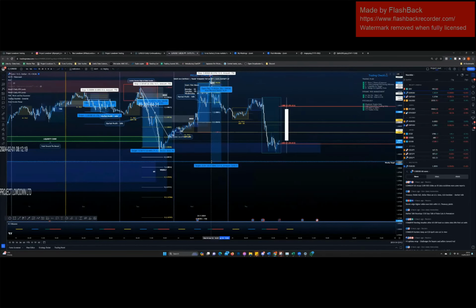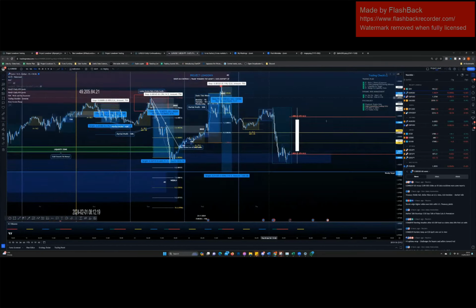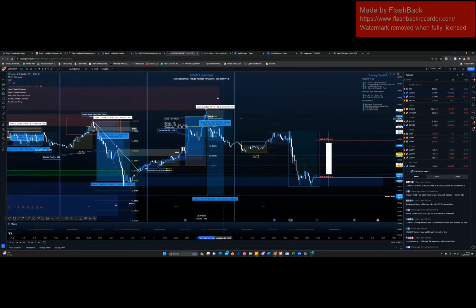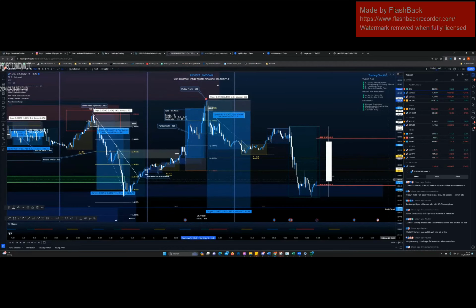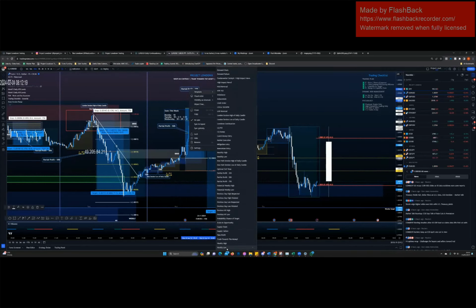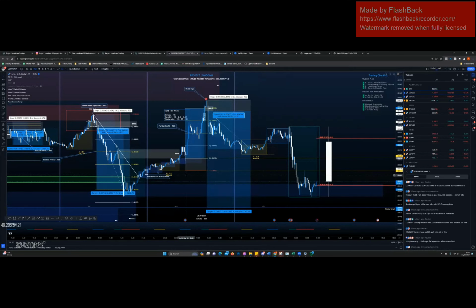So now the question is, okay, even if you're trying to go for this for a 9R target, right? Is this realistic? Is this reasonable, given the fact that we know it's bigger? Given the fact that we know this is the weekly high on a Wednesday.